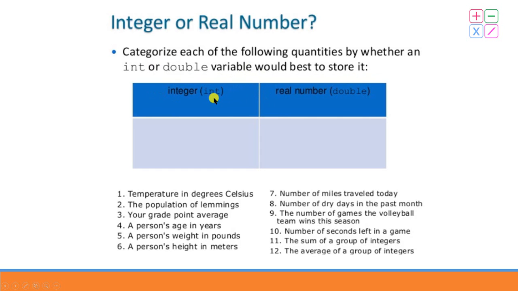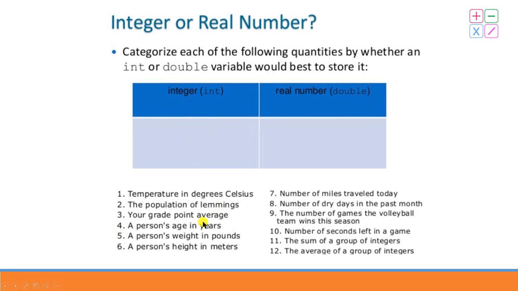Actually, we have 4 different integer types, but right here, we just focus on the int type. And we have 2 real number types, or floating point number types, but right here, we just focus on the double data type. For example, the temperature in degrees Celsius should be a real number. The population of lemons should be an integer.